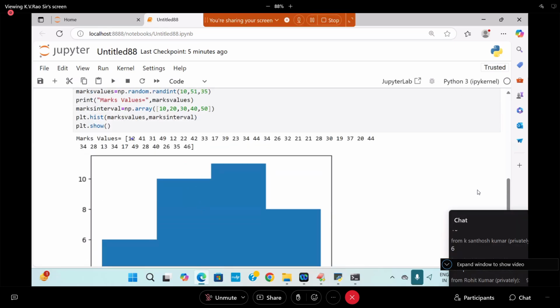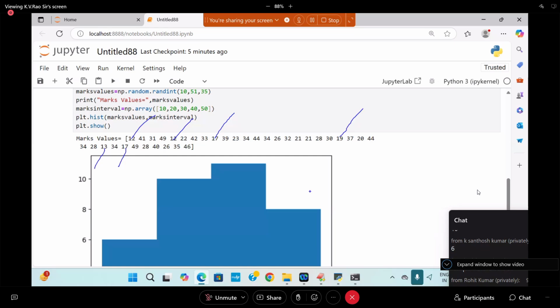Between 10 to 20: 12, 17, 19, 17, 13, 17. How many? 6. Will 20 come or not? It will not come, because I said 20 is excluded.